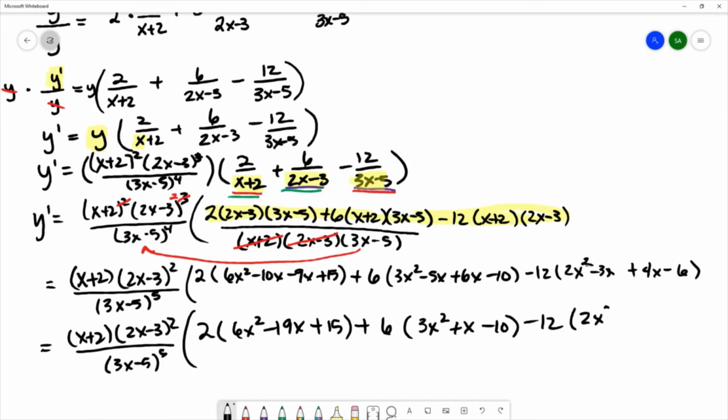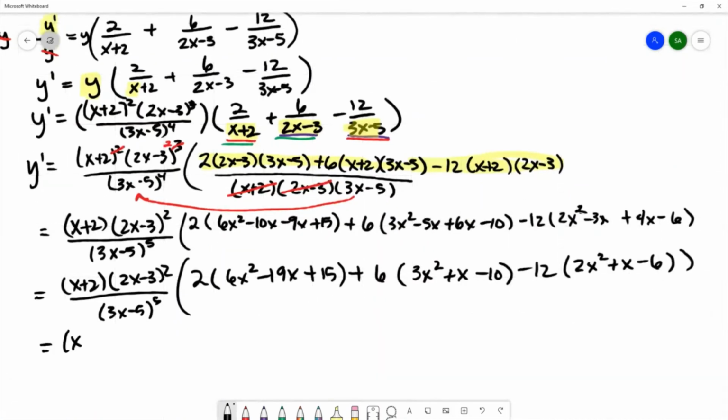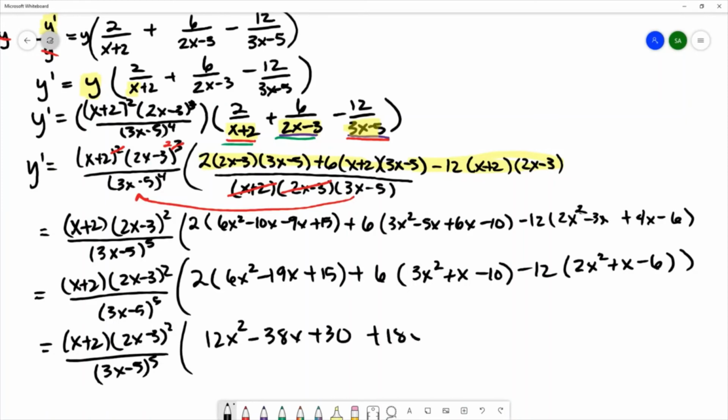That's 2x squared plus x minus 6. I have a little bit more distributing to do to get 12x squared minus 38x plus 30 plus 18x squared plus 6x minus 60 minus 24x squared minus 12x plus 72.